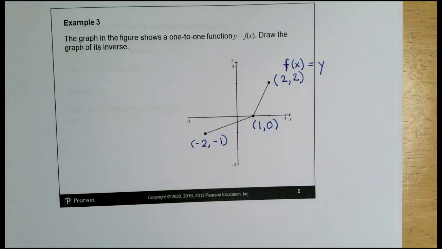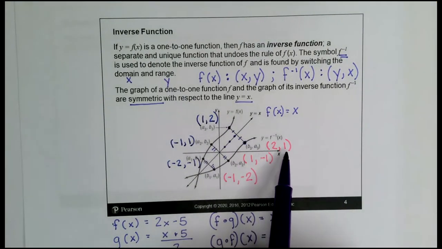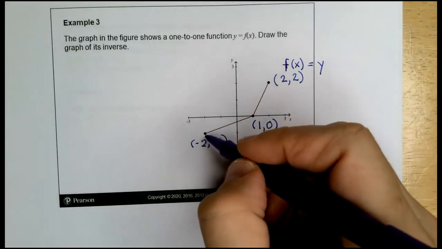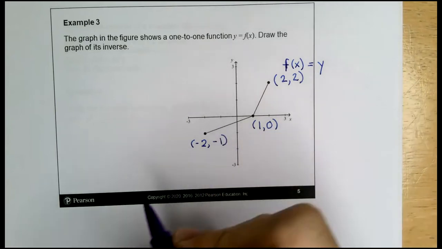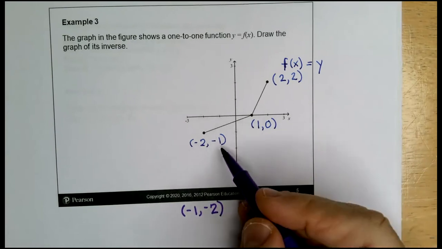That means we need to switch the x and y coordinates of each point of the line f of x. So just like in this f of x, we went from (1, 2) to (2, 1), we're now going to go from (-2, -1) to the inverse, which would be (-1, -2).